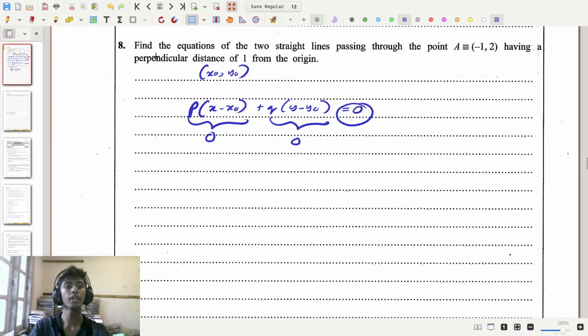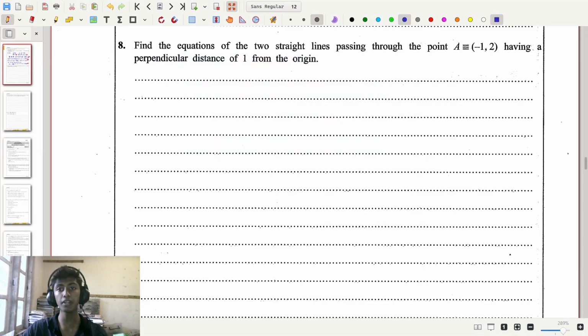So therefore, if we apply that in this particular situation and consider (x0, y0) to be (-1, 2), we can see any line passing through the point (-1, 2) is going to be of the form p times (x minus x0), which is x minus negative 1, which is x plus 1.